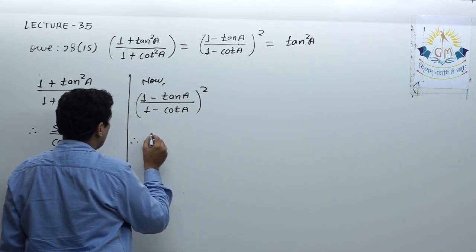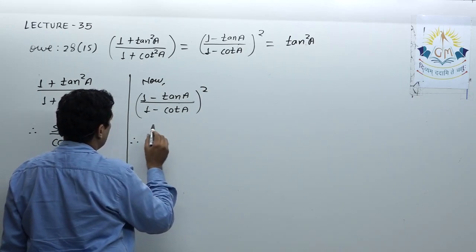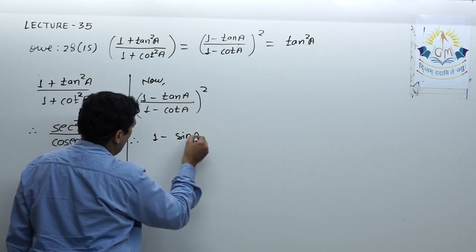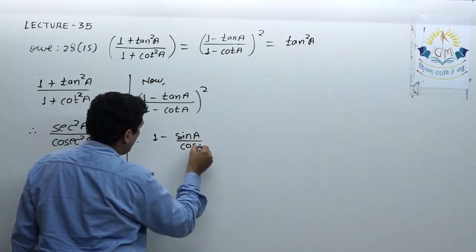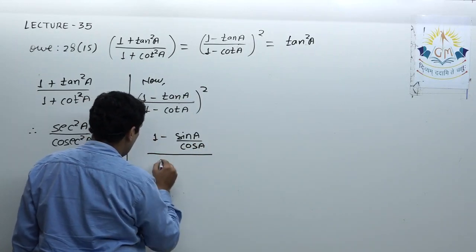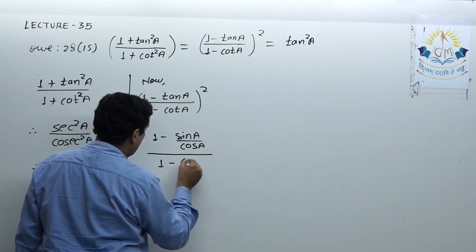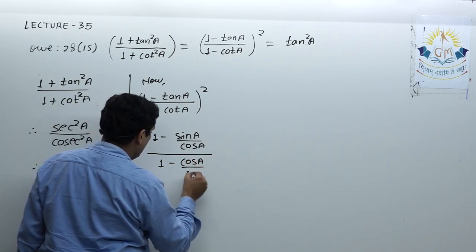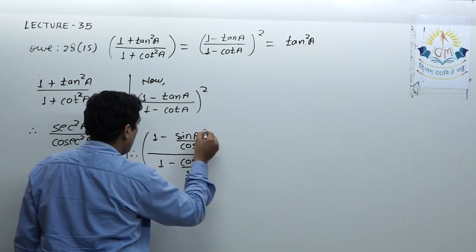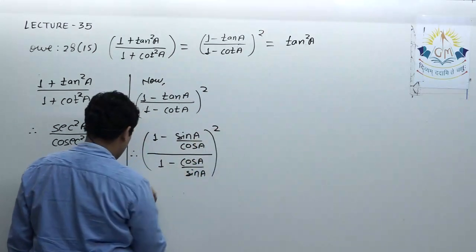So here I can write 1 minus sine A upon cos A divided by 1 minus cos A upon sine A, whole square.